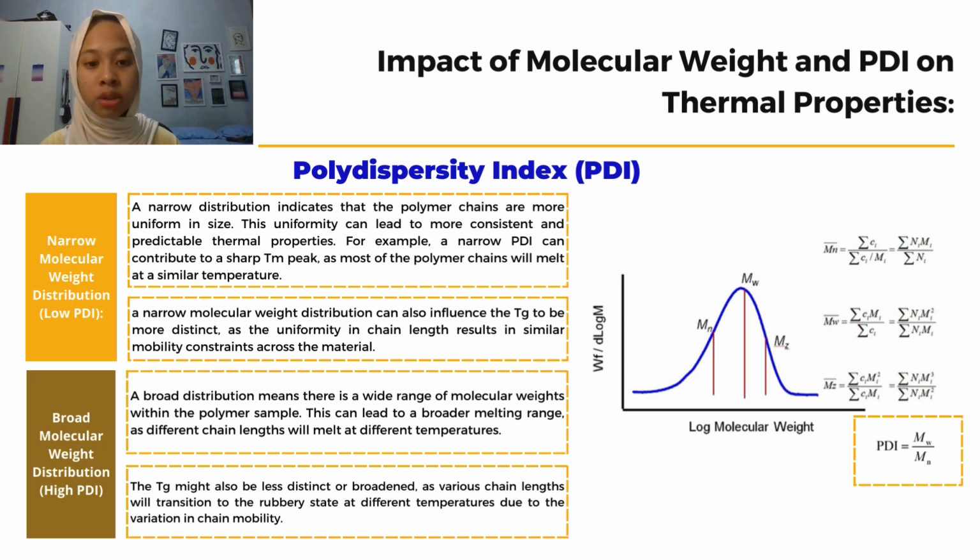This can lead to a broader melting range as different chain lengths will melt at different temperatures. So the Tg might also be less distinct or broadened, as various chain lengths will transition to the rubbery state at different temperatures due to the variation in chain mobility.